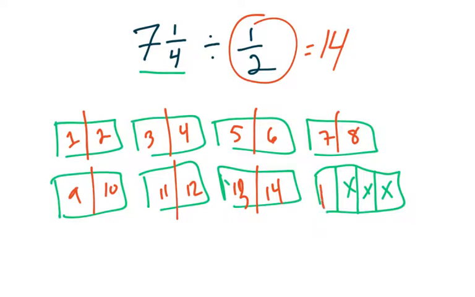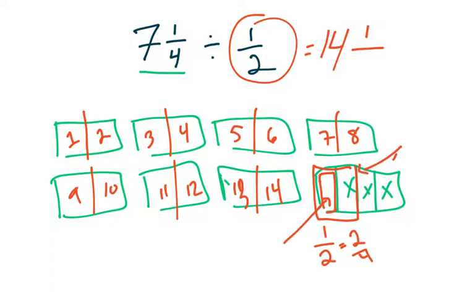And then I've got this piece left over. Well, 4ths. How many 4ths are in 1/2? 1/2 is the same as 2/4. So this is the size piece I want. And I'm going to write my remainder as a fraction. How many parts do I have? I have this 1 part. Out of how many parts that I need to make the size I want?